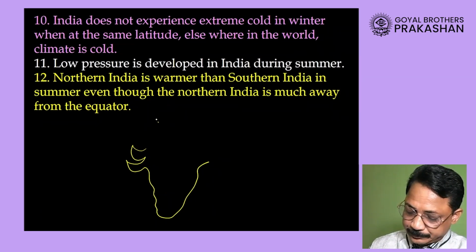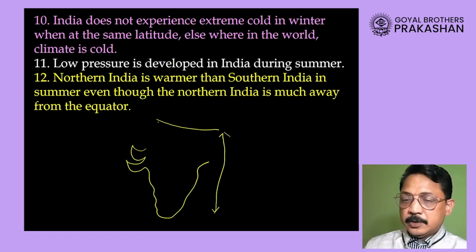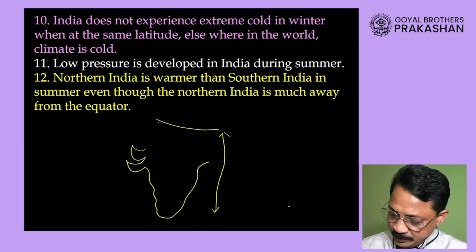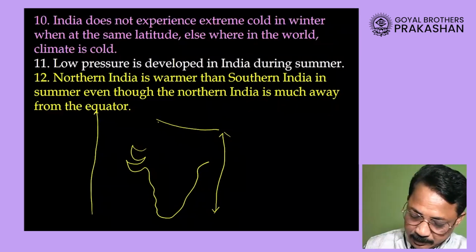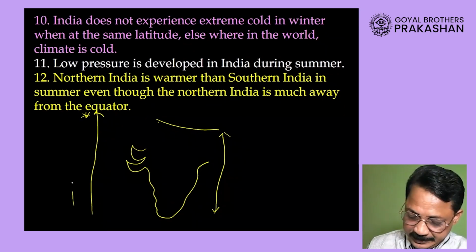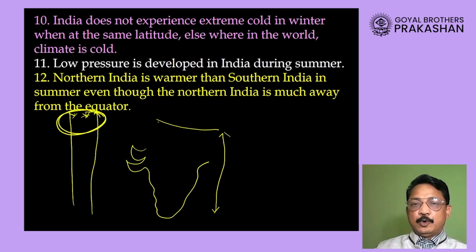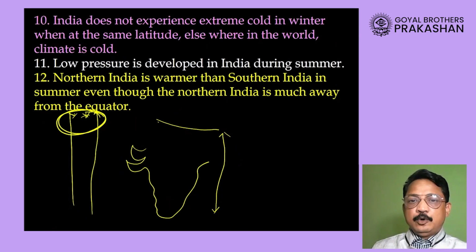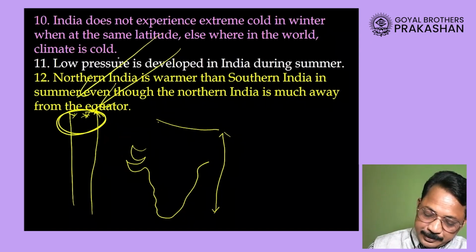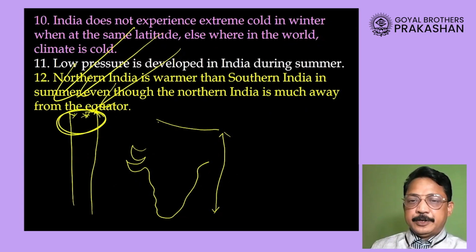Now this is the Himalaya, located almost 30 degree north of India, whereas when I go here, 30 degree north towards the western side in the Afghanistan region or the Iran region, in Afghanistan and Iran it is extremely cold during winter because of their location away from the equator and also the northern winds blowing towards them, causing very low temperature in those areas.